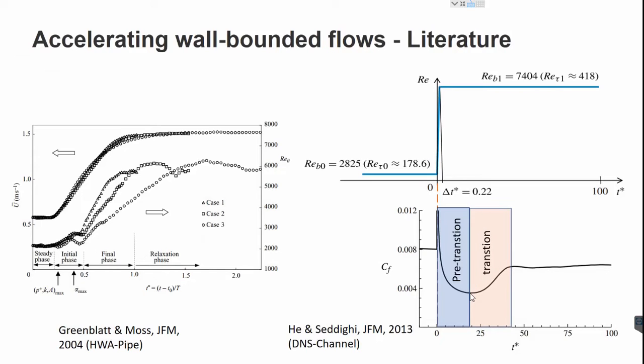The other one is the transitional stage, which is when we have a recovery in the skin friction coefficient, and this recovery is related to a generation of turbulence. So this is basically the study by He and Seddighi.